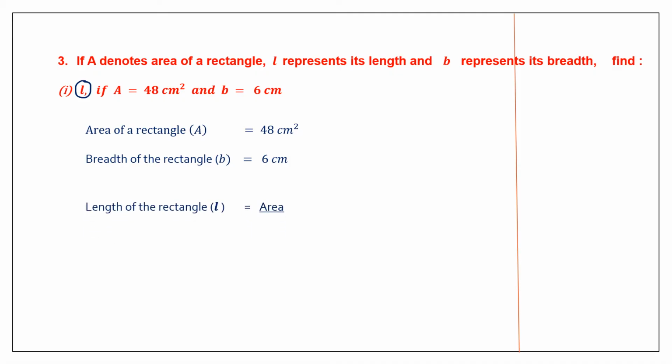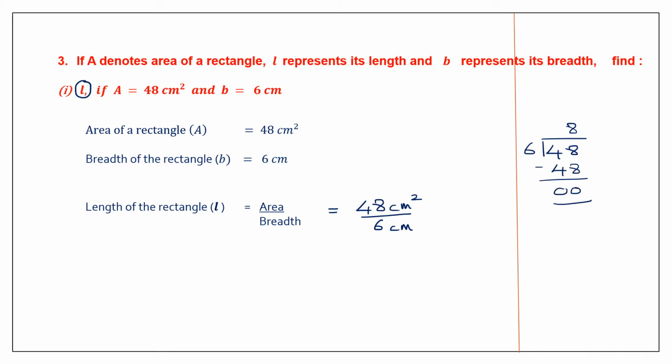Now we have to find the length with the help of the formula area divided by breadth. So length is equal to area divided by breadth. So how much is the area? 48 centimeter square divided by 6 centimeters. So we have to divide 48 by 6. 6 eighths are 48 minus 0.